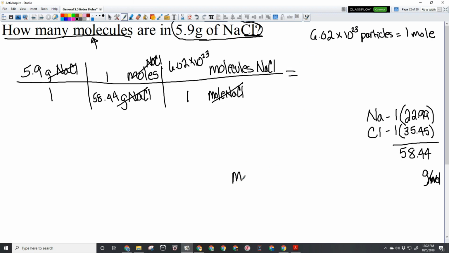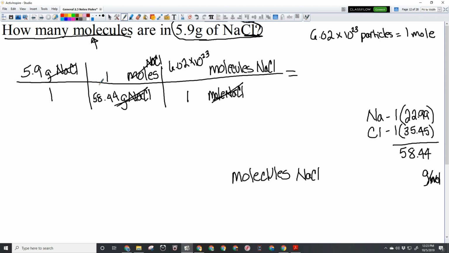So our unit is going to be molecules of NaCl. We have no unit on the bottom. So we have 5.9 times 1 times 6.02 times 10 to the 23rd.